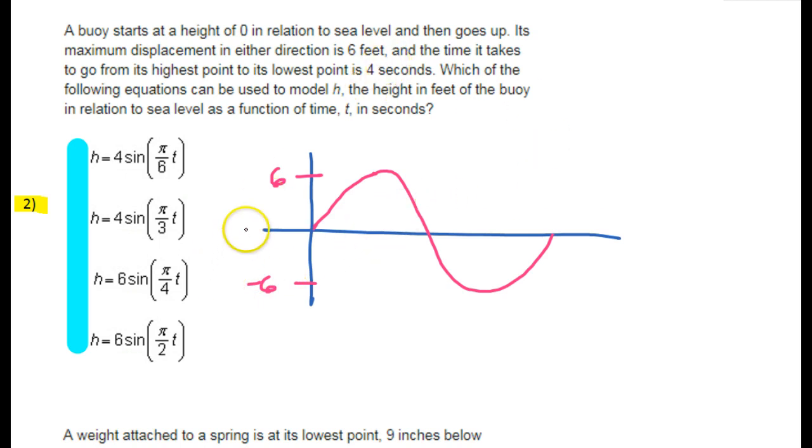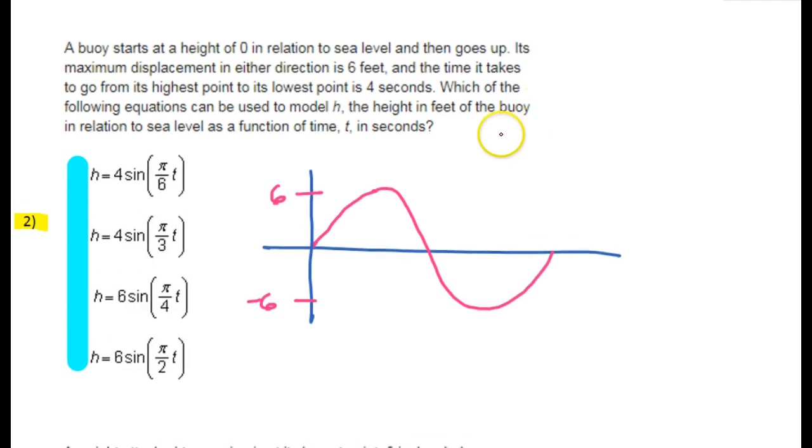That tells us the a value of the function. This 6 feet is the amplitude. And when we talk about the model of a sine function, it looks like this: y equals a sine of b x minus h, plus k.